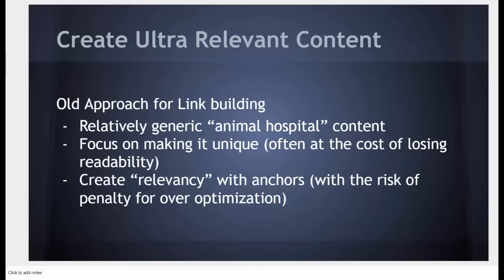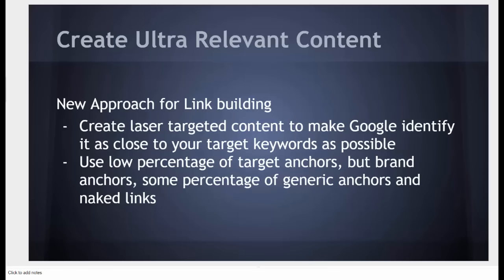The new approach for link building is to focus on the content. We need to create content that makes Google identify it as close to your target keywords as possible. If you look at animal hospital in Richmond Hill or animal hospital in Markham, you need to do whatever is possible for Google to classify this content as relevant for the specific keyword.